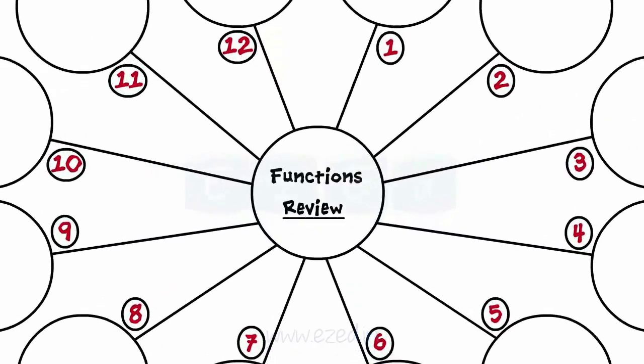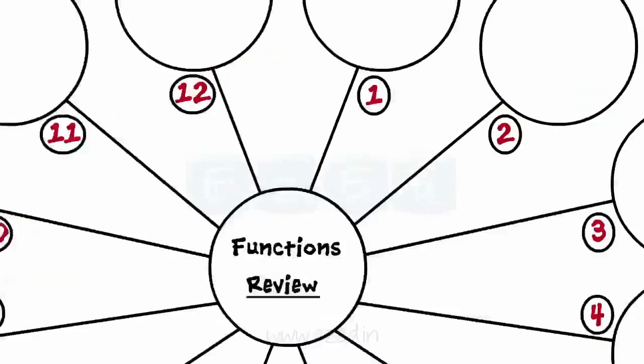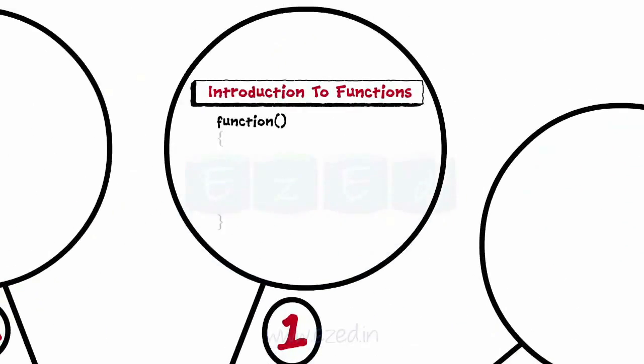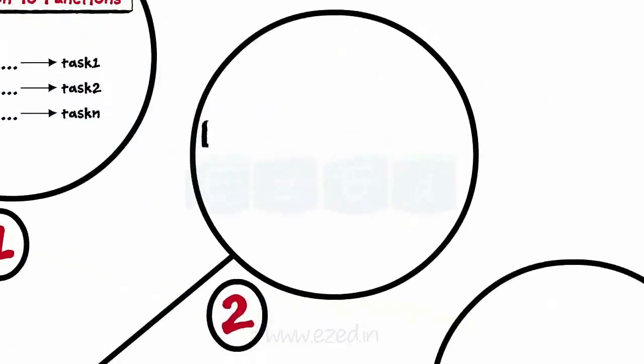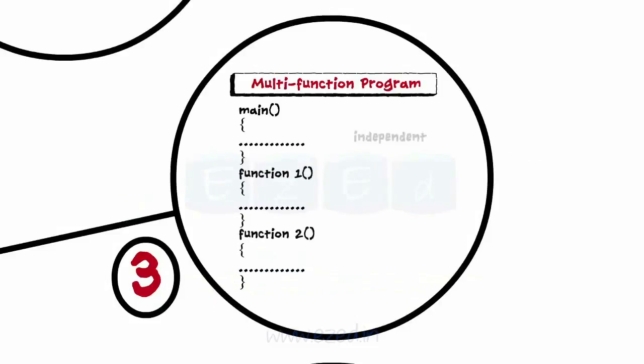Let's have a quick review of what we've studied in this lecture. A function is a module or block of program code which deals with a particular task. The need for writing a user-defined function is that it leads to modular programs and also increases reusability. Usually, a program should be divided into a number of functions so that each task is divided into an independent function.